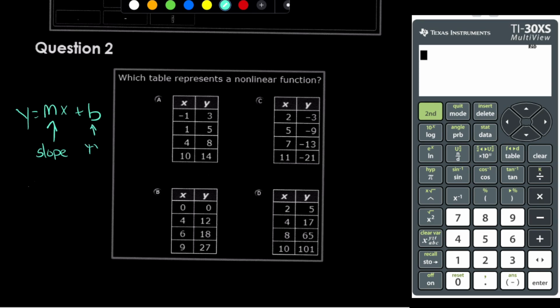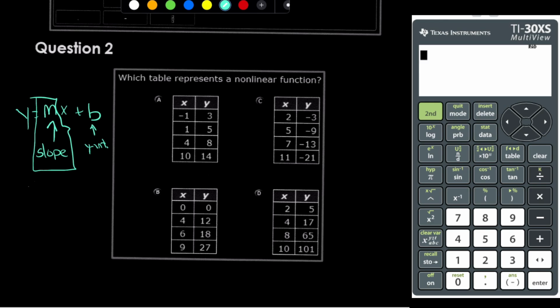What's important here is m, your slope, because in any linear function, your slope is constant. Think about what the word constant means. It's not changing. Your slope remains the same for every point between 2 points. For every line segment between 2 points, your slope will always be the same.